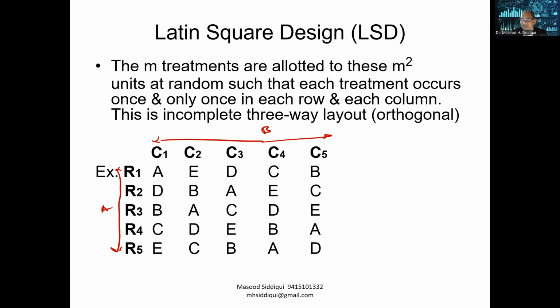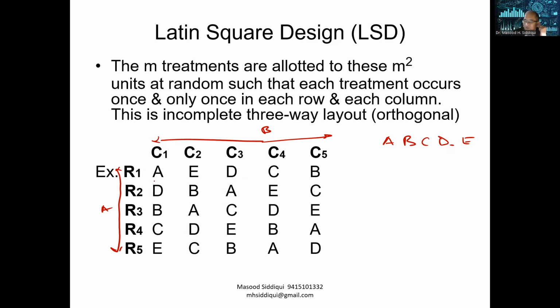So it has the same 5. Right? Now, these are the treatments. Treatments are A, B, C, D, and E. There are 5 treatments. So, number of rows equals number of columns equals number of treatments that is being applied. Now, they are being applied here.